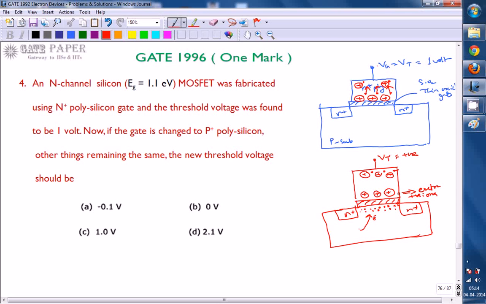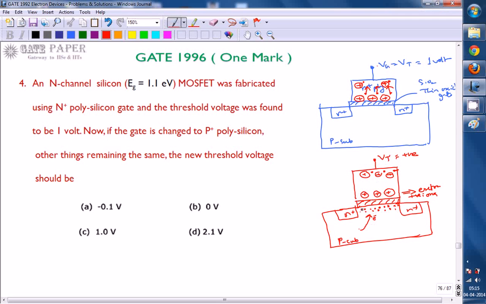This extra positive charge, along with the actual positive voltage you apply, attracts the negative charge carriers, which are minority carriers, from the P-type substrate. They accumulate near the SiO2 layer, because SiO2 acts as an insulator, so they cannot go into the gate side.